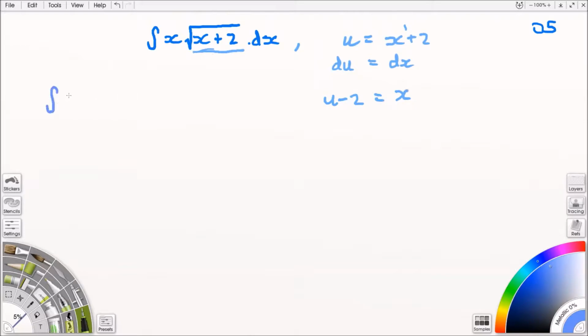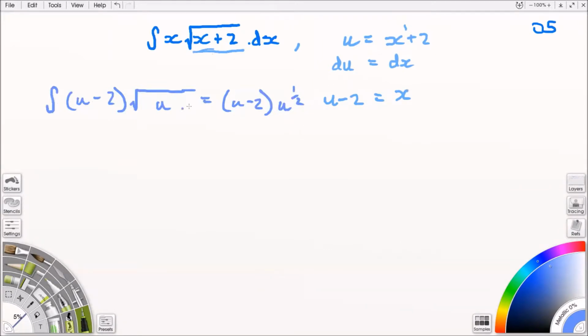So we have u minus 2 square root of u, which I'm going to write as u minus 2 u to the half.